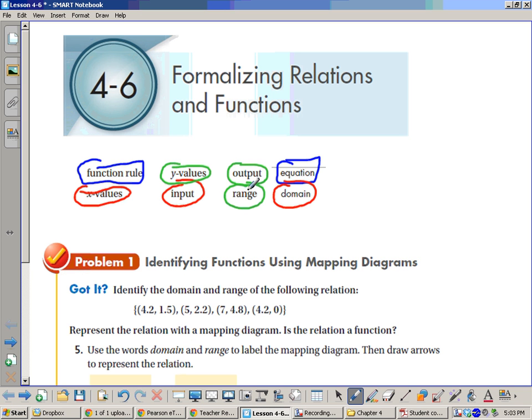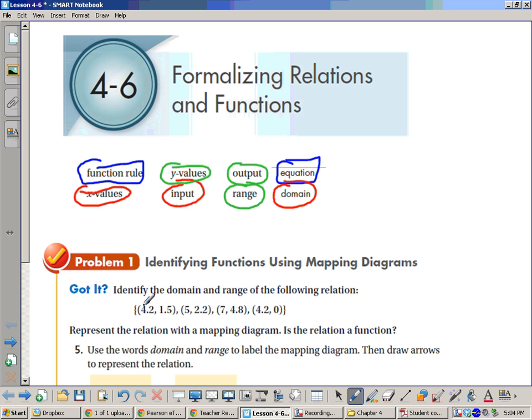So when we ask you to use a domain, we're giving you x values. When we ask you to find a range, we're asking you to find y. So down here, we're identifying the domain and range of this relation. And we find that these are just ordered pairs.